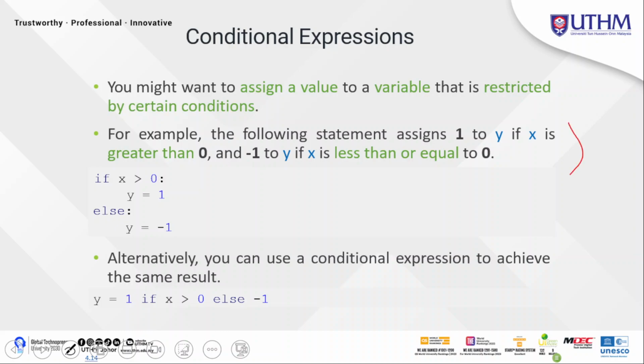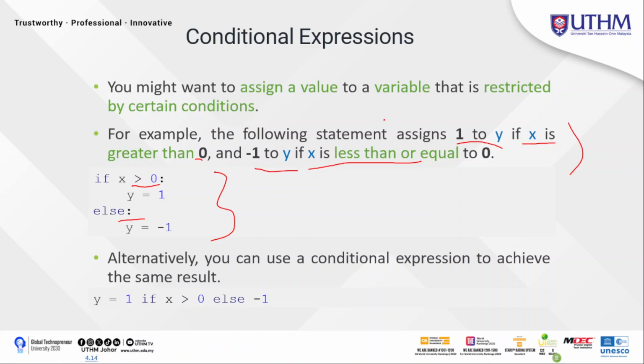This is written in code: y equal to 1 if x is greater than 0, correct? Otherwise, x less than or equal to 0. They don't have to mention the else statement here. y is negative 1.